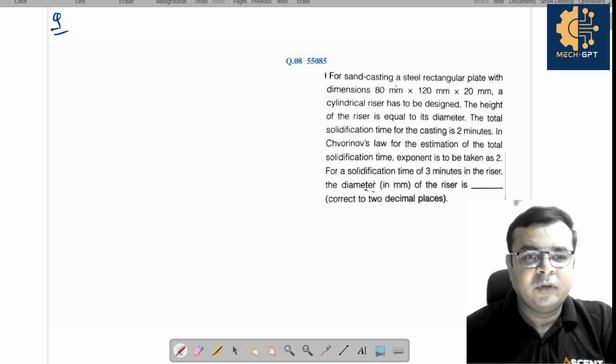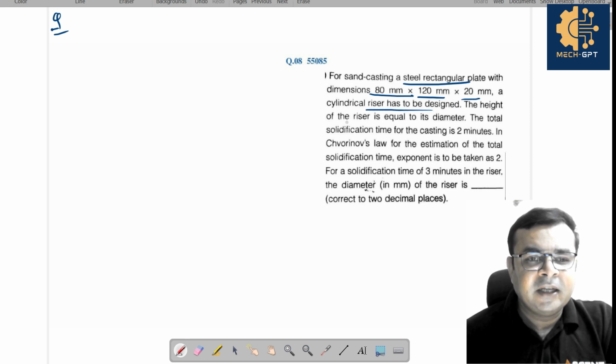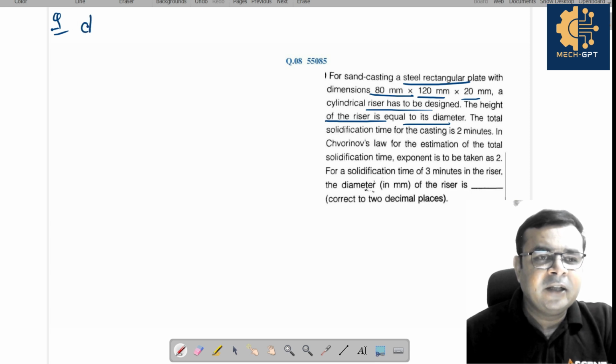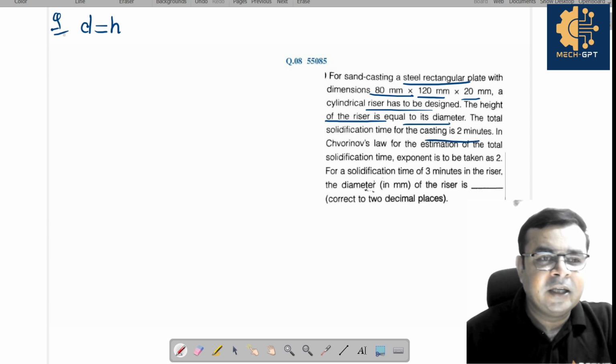Next, you can see for sand casting, a steel rectangular plate of size 80 by 120 by 20 mm. A cylindrical riser has to be designed. The height of the riser is equal to the diameter. You can see this is a very important point. The total solidification time for the casting is 2 minutes.